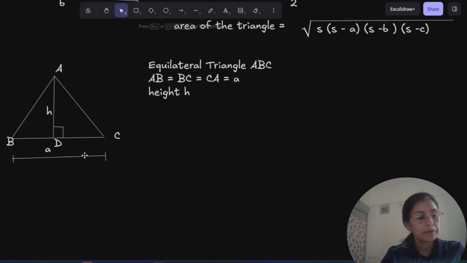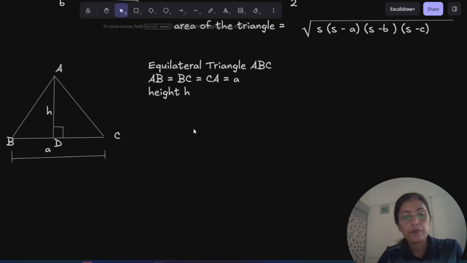Now, what do we see here? First, let's see, because this is an equilateral triangle, this height is going to divide the base into two equal parts. How do we know that? You see your right angle, this RHS property. So what does RHS congruency say?